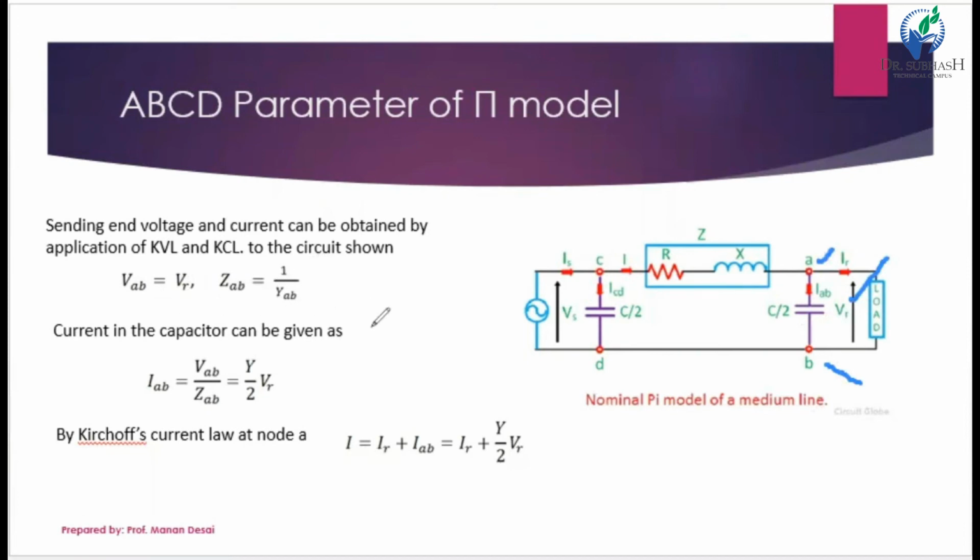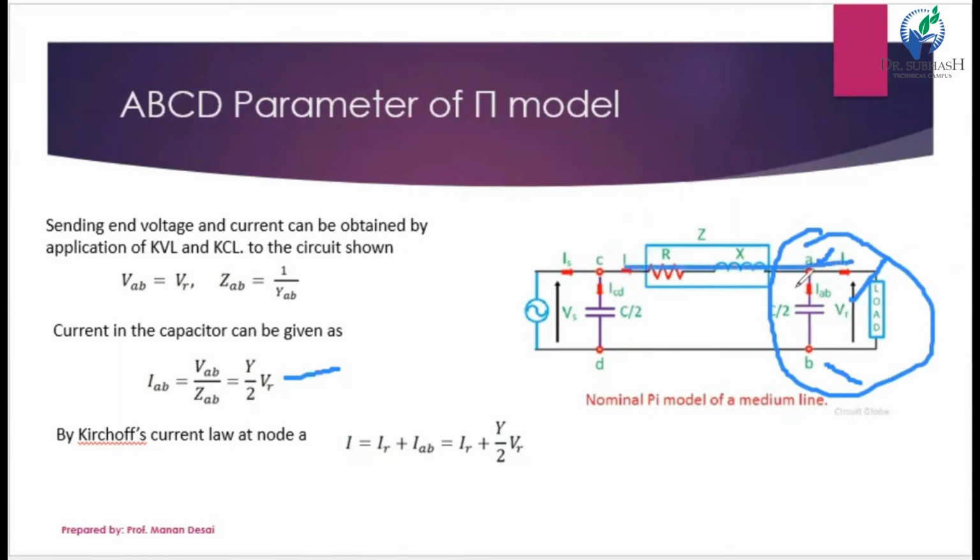The current in the capacitor can be given as IAB is equal to VAB upon ZAB. So we can say Y by 2 VR. Here the half admittance is multiplied with VR. So by Kirchhoff's law, I is equal to IR plus IAB.